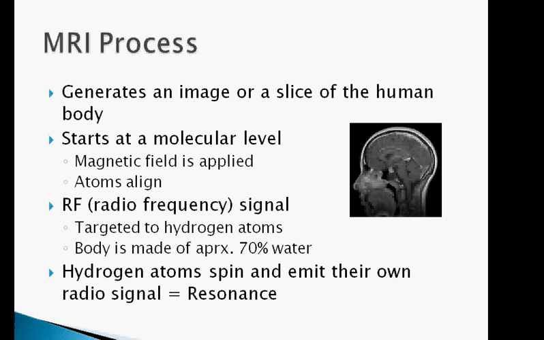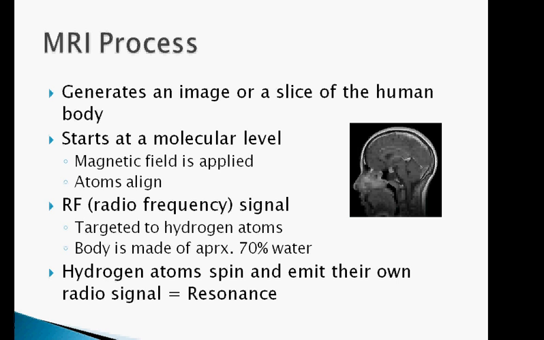Okay, so the MRI process starts at a molecular level. When the body is exposed to the magnetic field, the nuclei of the atoms align with the magnetic field. Once they are aligned, the MRI machine sends out a radio frequency pulse targeted to the hydrogen atoms, which we are very abundant of.